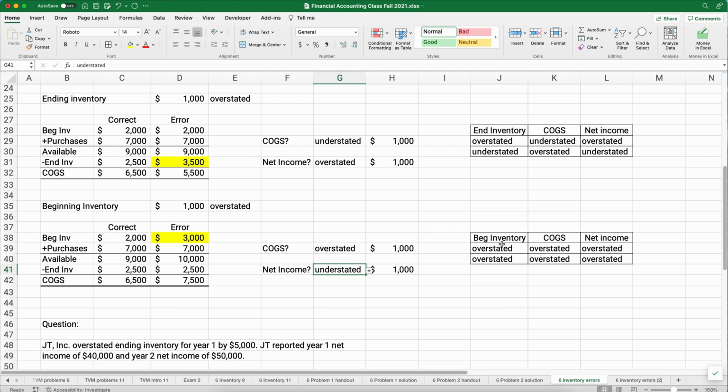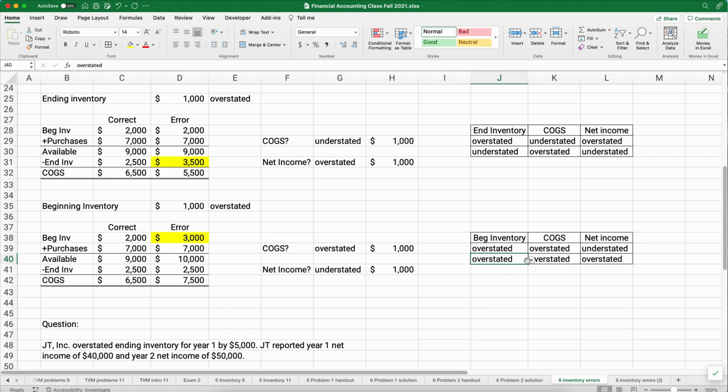All right, so let's think about this. If our beginning inventory is overstated, then our cost of goods sold is going to be overstated, and our net income will be understated, because we know our profit is going to be smaller when we have a higher cost of goods sold. So let's think about the reverse.